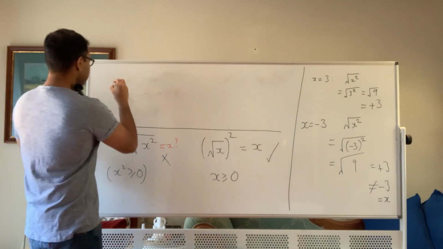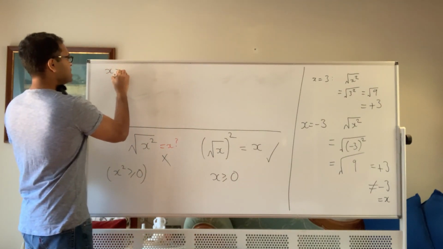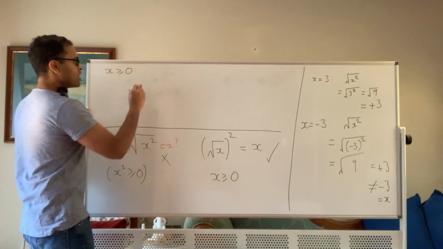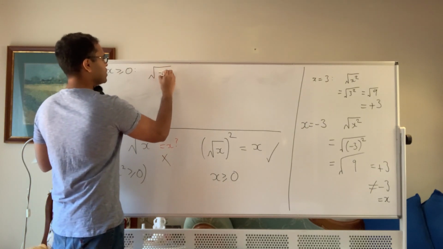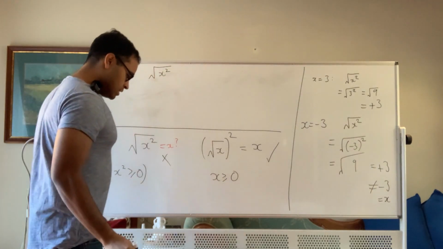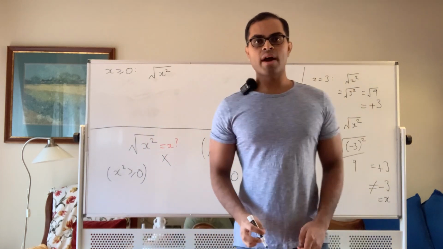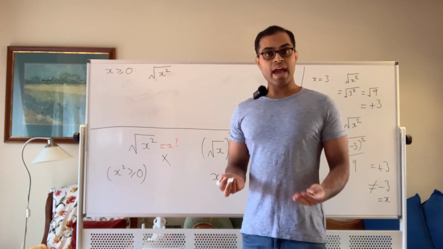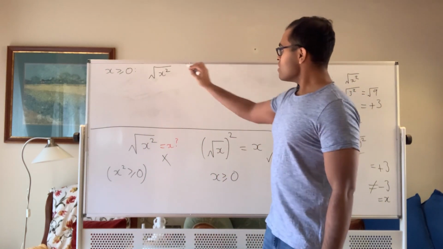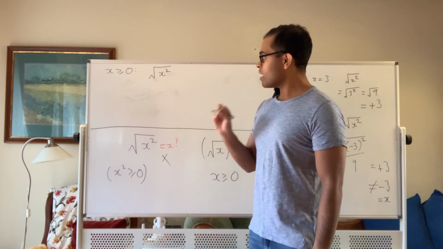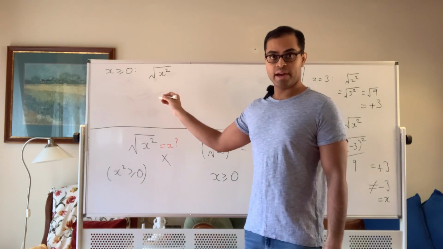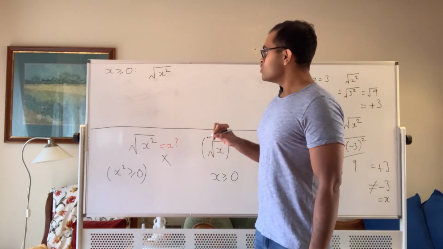You always learn stuff. So let's talk about this case. So let's take the first situation. Let's take x is at least 0. Okay, we try to find out what is the square root of x squared. So if x is at least 0, then the square root of x squared is just going to be x, because the square root of x squared is the positive number that squares to be x squared, right? So what is the positive?